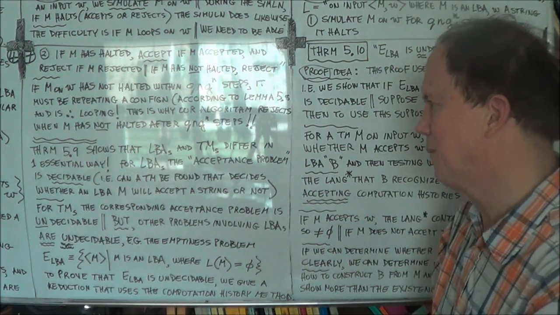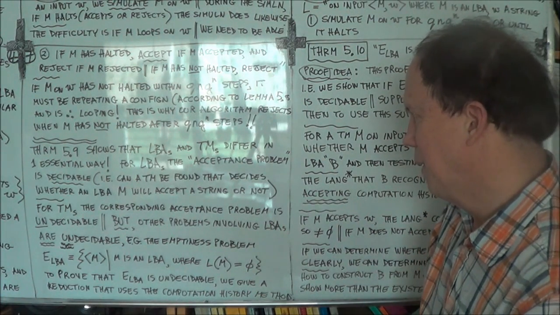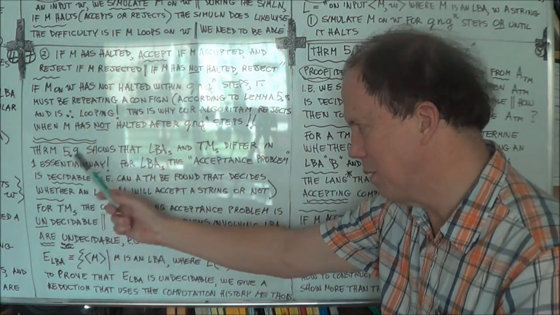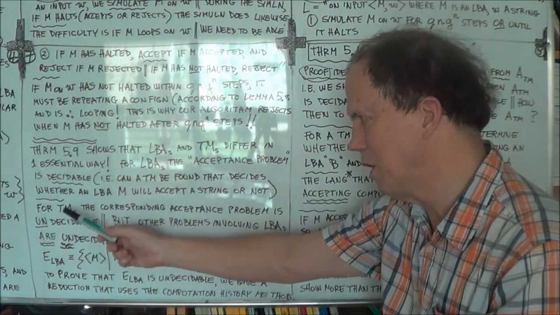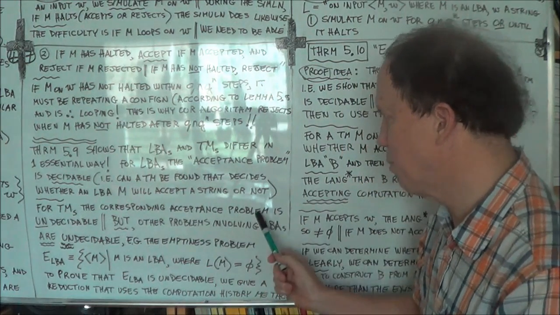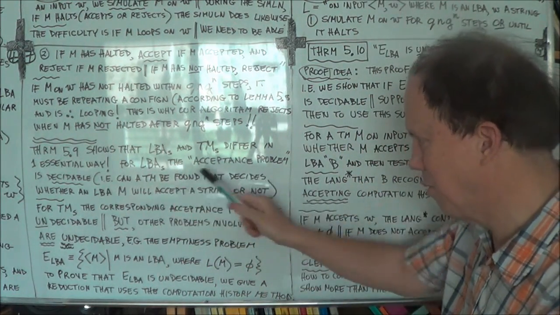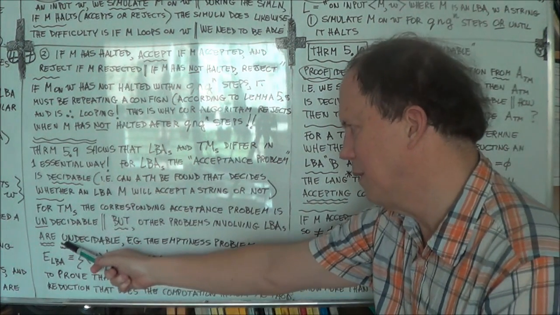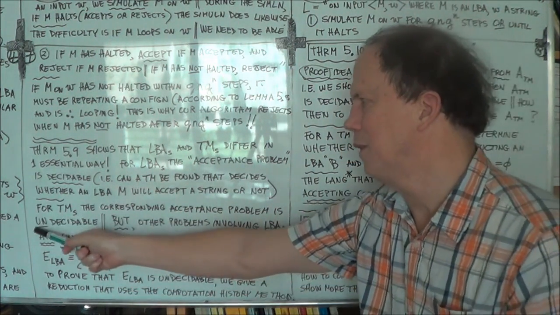So interesting. For TMs, the normal infinite tape Turing machine, the acceptance problem is undecidable.